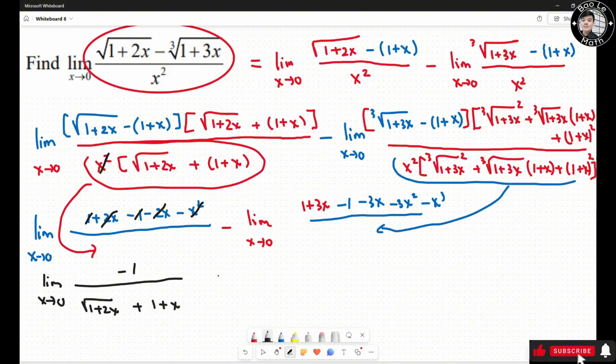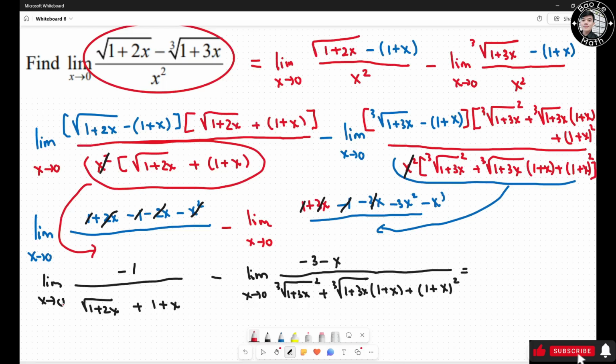For the second one, I rewrite the limit as s approaches 0: 1 and -1 are gone, 3s and -3s are gone. Now on the top I factor s squared out, so I cancel it with this one. So I only have -3 minus s over, and I copy this one down.